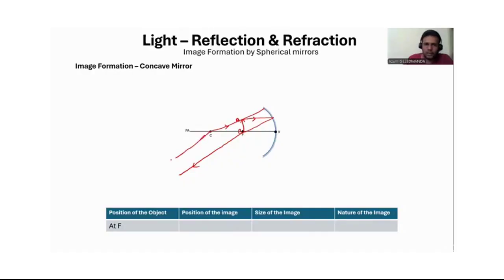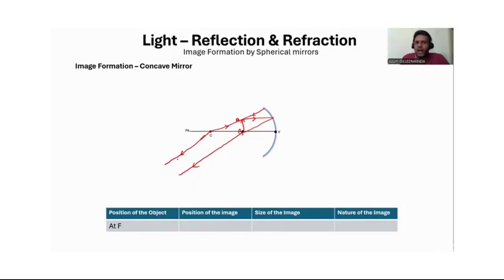It will reflect back through the center. So I have taken two rays. The first ray is incident parallel to the principal axis, so the reflected ray is passing through the focus. And then I have taken another ray that is incident through the center, and the reflected ray should also go in the same direction through the center.